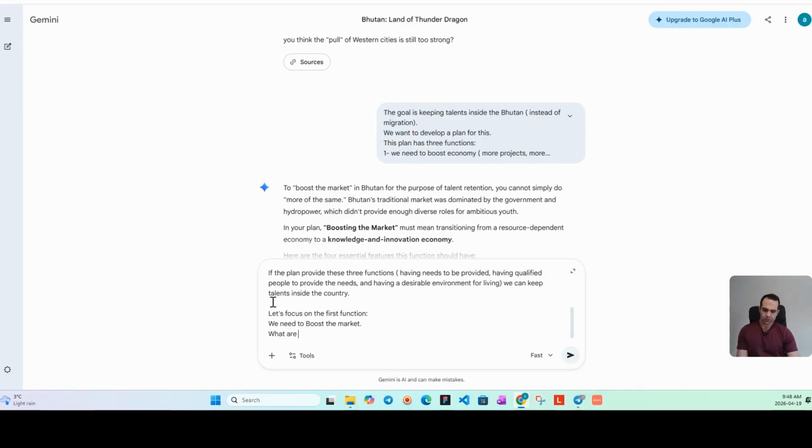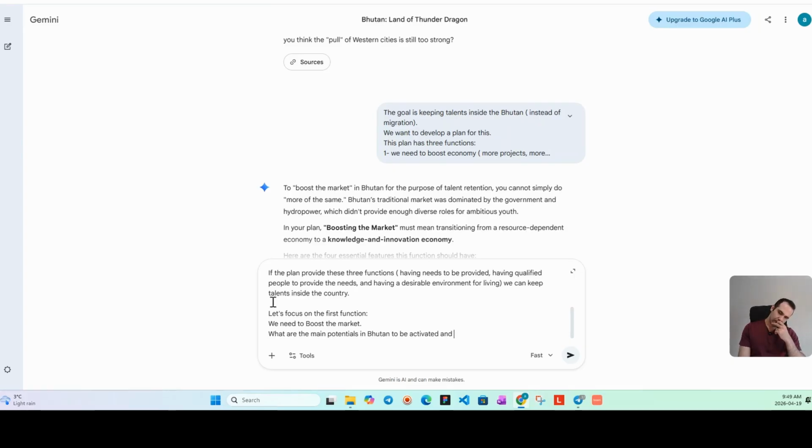What are the main potentials in Bhutan that we can boost? What are the main potentials in Bhutan to be activated?